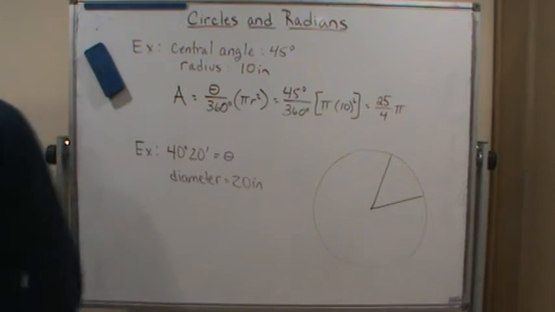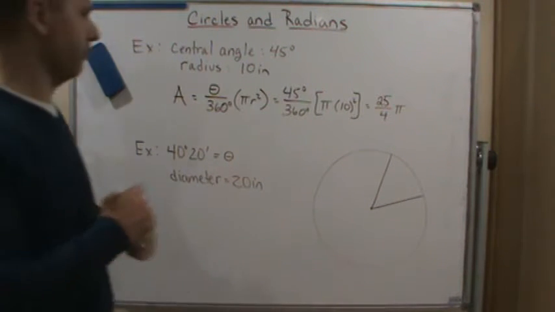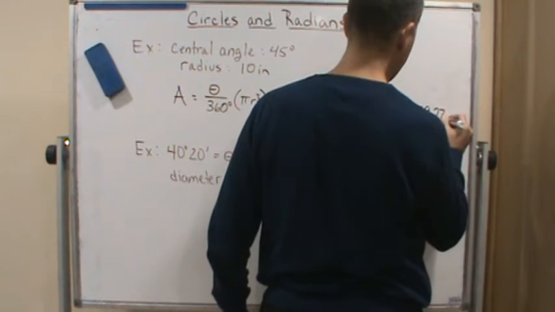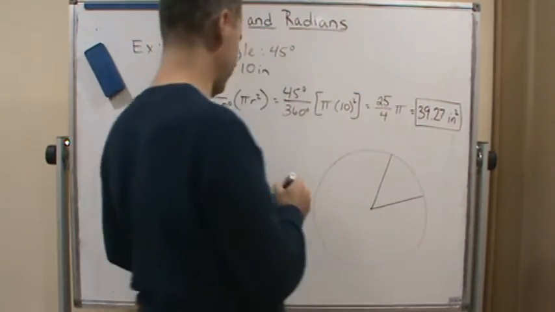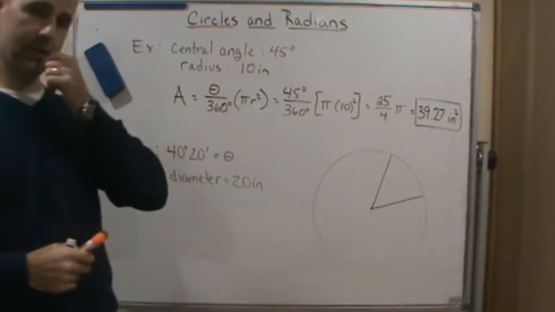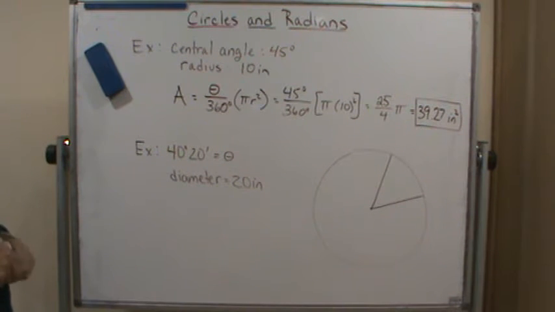Now if we want the approximate value rounded to the hundredths place, then we get 39.27, and that's inches squared. So that's the area of the sector of a circle that has a central angle of 45 degrees and a radius of 10 inches.